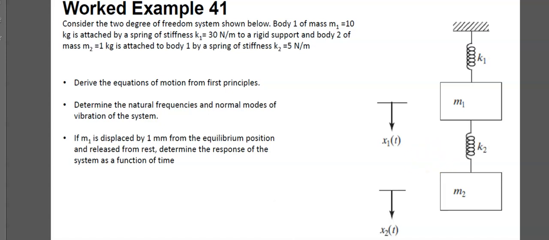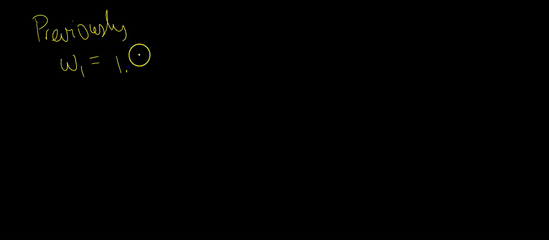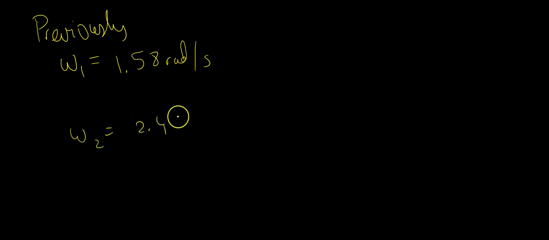Now let's go back and recall all the stuff that we derived previously. We saw previously that omega 1, the first natural frequency, was equal to 1.58 radians per second. Omega 2 was equal to 2.45 radians per second.